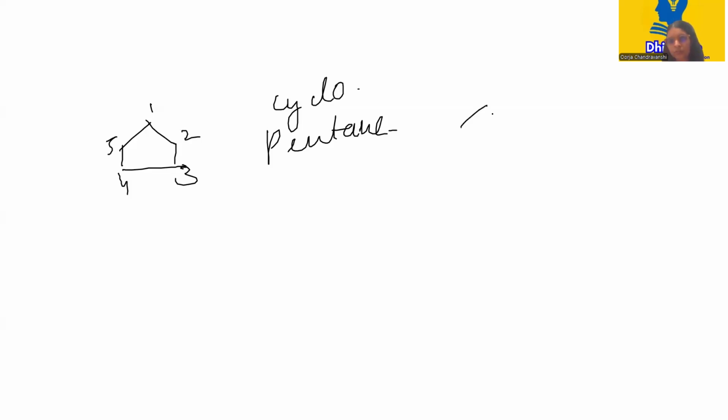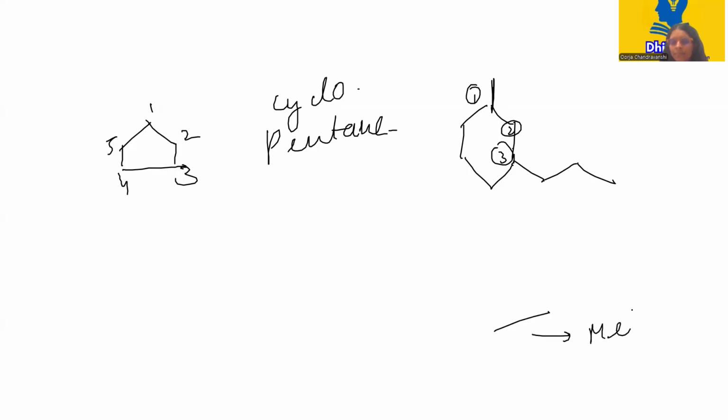If I have branching, then what happens? In such a case, this is 1, 2, 3. Now, if I have only a single dash like this, it indicates methyl.